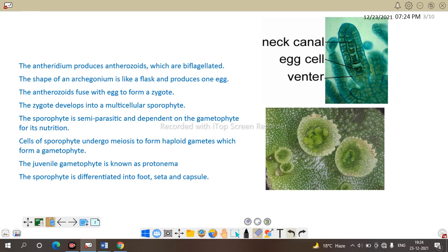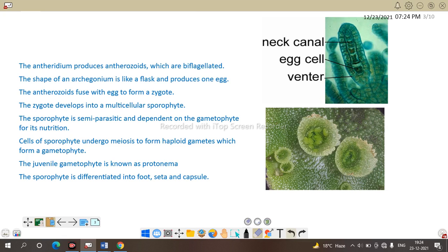The antheridia develop antherozoids, and the antherozoids are flagellated. These flagellated antherozoids swim in water. They need water for reproduction; they swim in water and reach the neck canal cell. By rupturing the neck canal cell, they reach the egg cell and fuse to form a zygote.